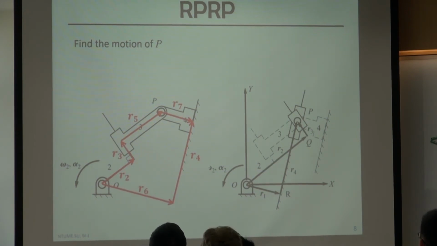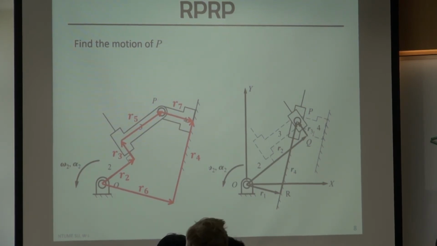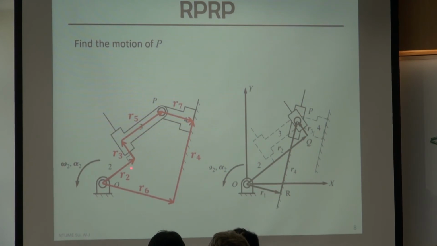This is not the only solution, but it can help us find the motion of point P. We still use link 2, this bar, as an input, but because the shape is a bit complicated, I use more vectors to complete the vector loop.